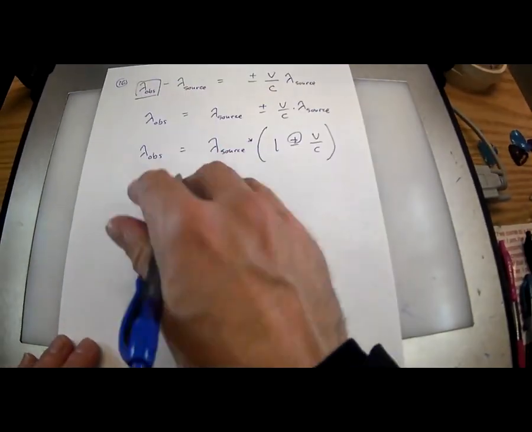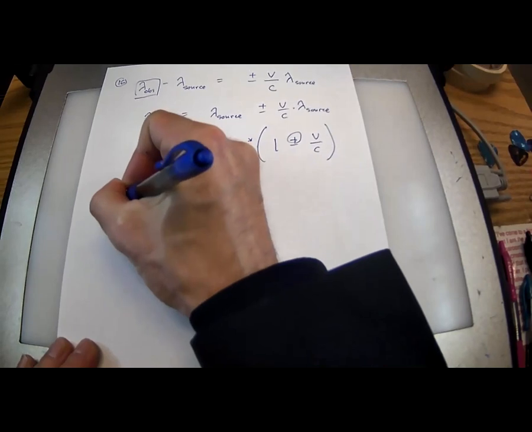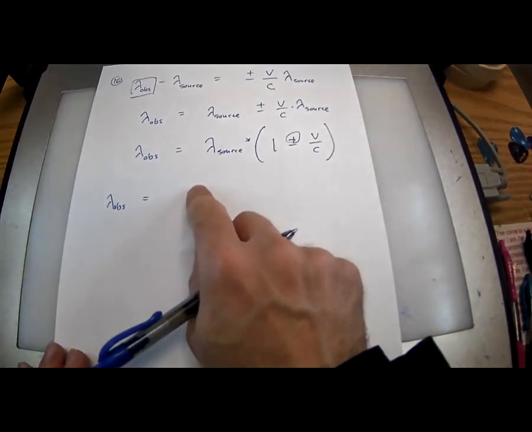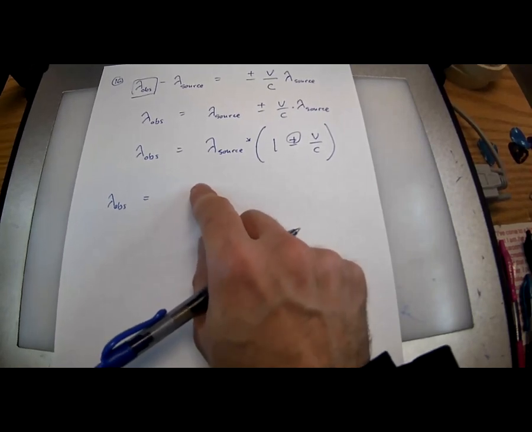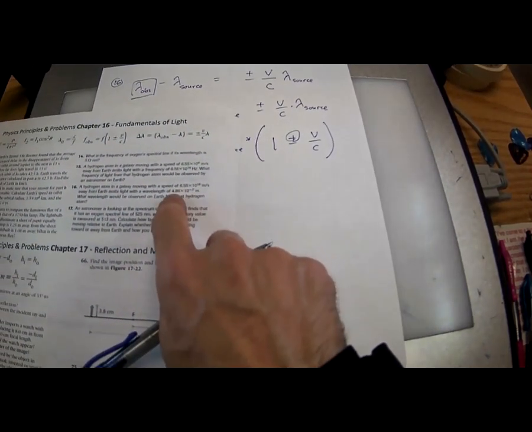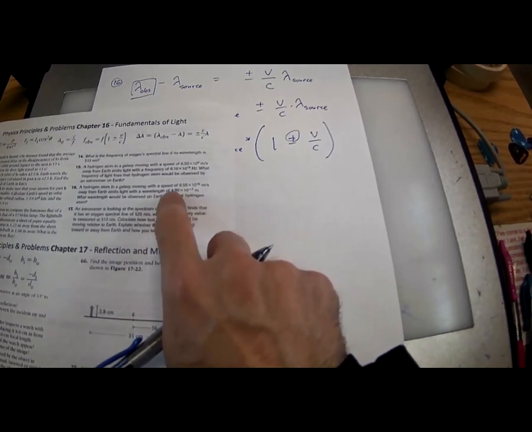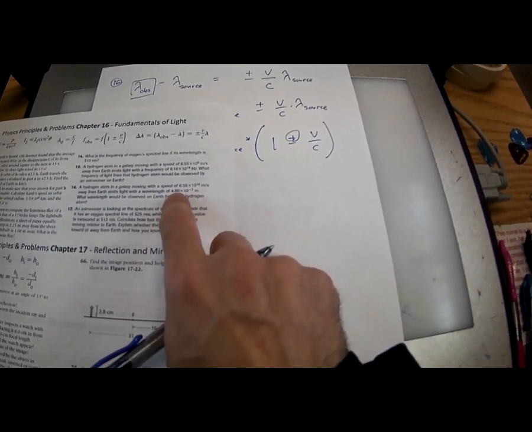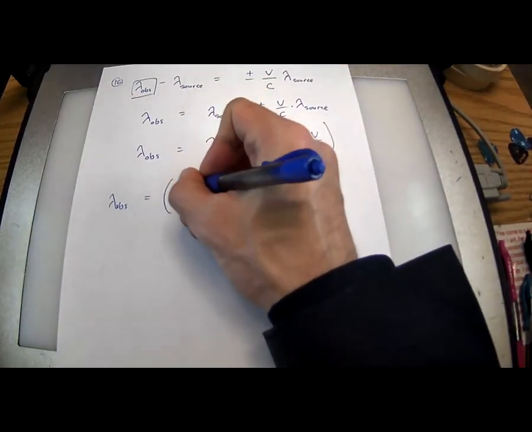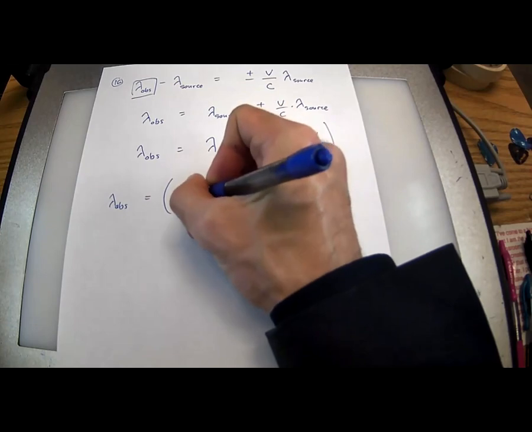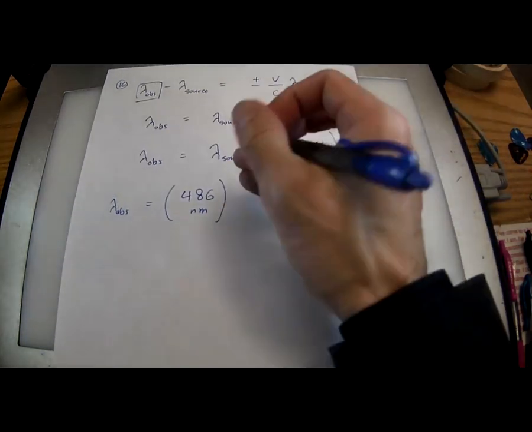Okay, well, let's go ahead and plug stuff in. So we're trying to figure out what is the observed wavelength. They told us the source wavelength, I'm going to rewrite this number, is 4.86 times 10 to the minus 7 meters. That's the same thing as 486 nanometers, a prettier way to write that.